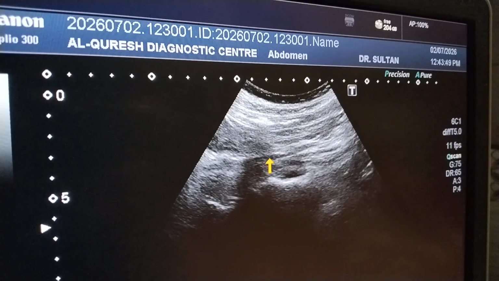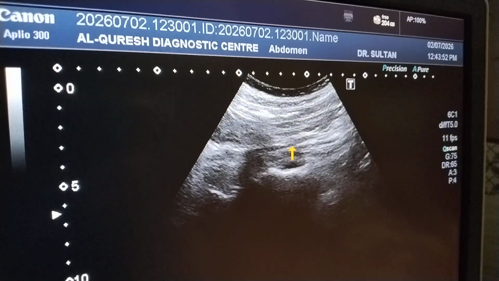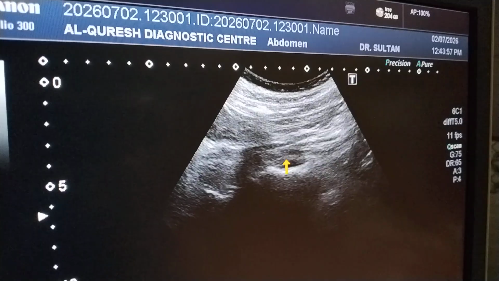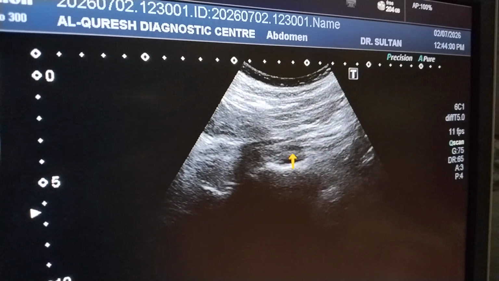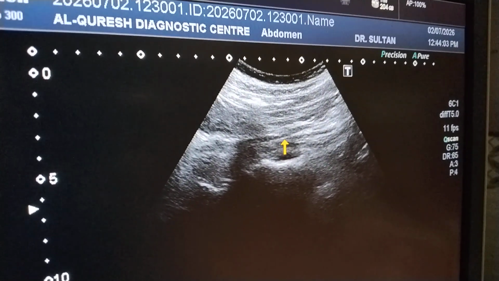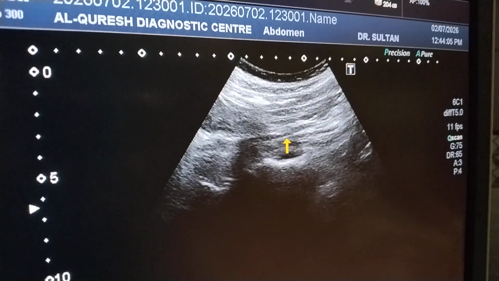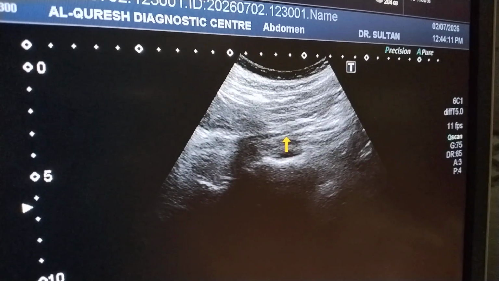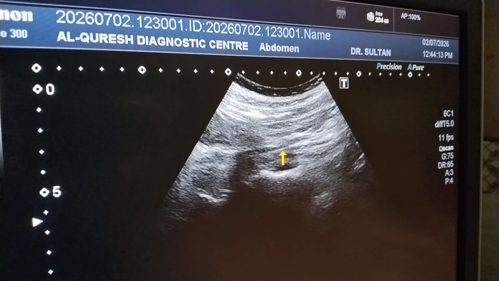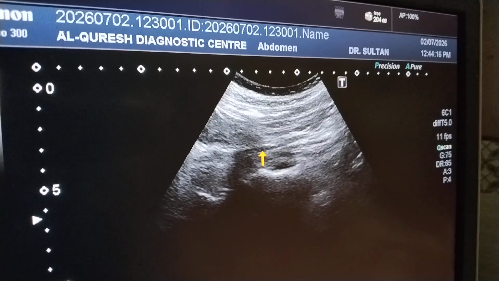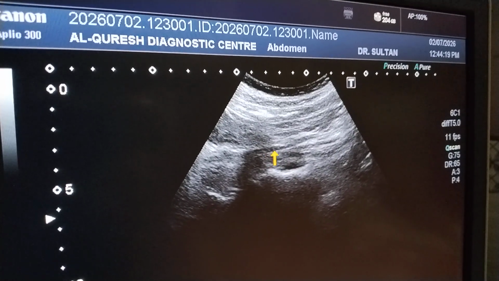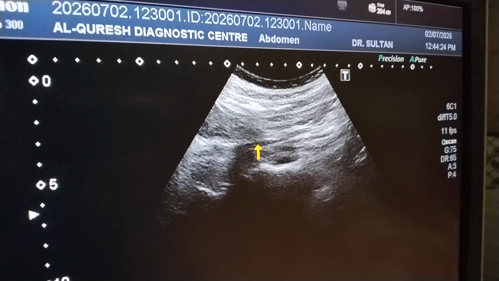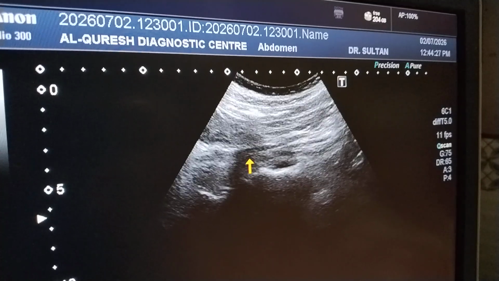This is the ureter which is passing anterior to the psoas major muscle, and this is the iliac vessels. At the same position, just tilt the probe toward the right shoulder, angle it upward, then the muscle will slightly disappear and we will see the urine-filled ureter. If it is mildly filled with urine, then we can easily appreciate it.